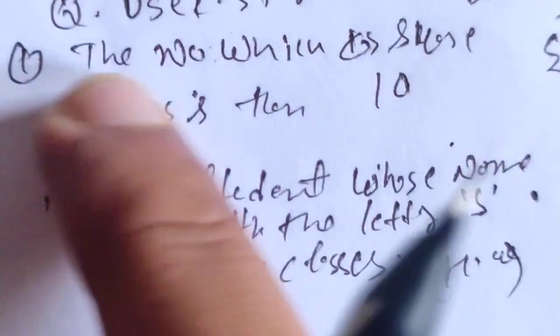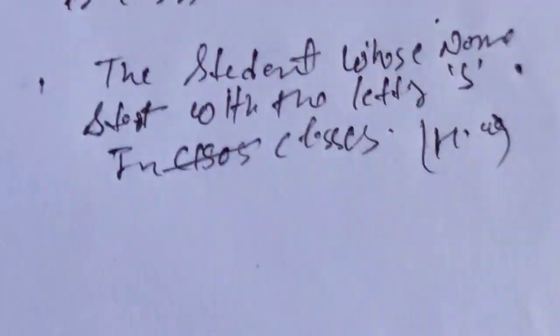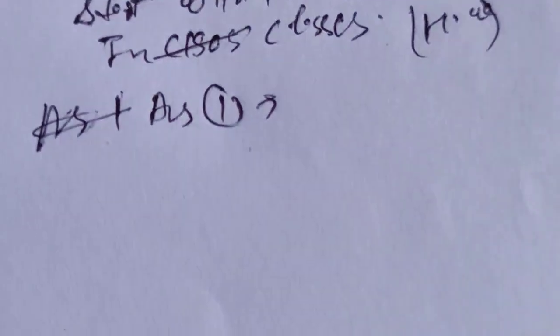Now this is a very famous question. Our question is: write in roster form the numbers which have square less than 10.